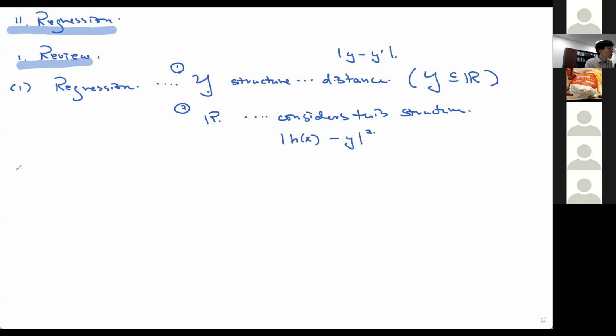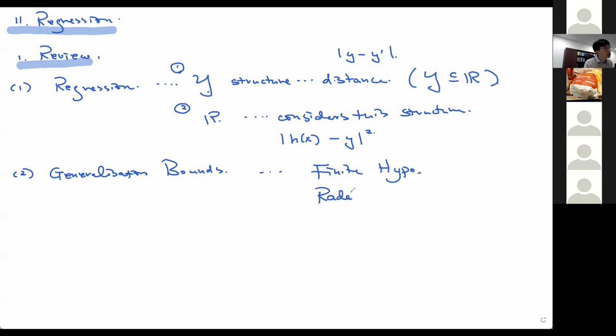Also, we talked about some generalization bounds for regression, and we discussed two bounds. One is based on the finite hypothesis set. The other cannot be applied to a finite hypothesis set alone, but uses Rademacher complexity.